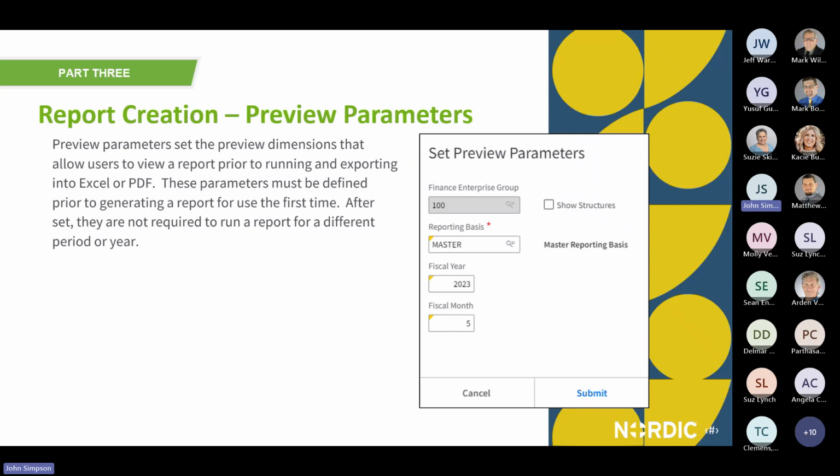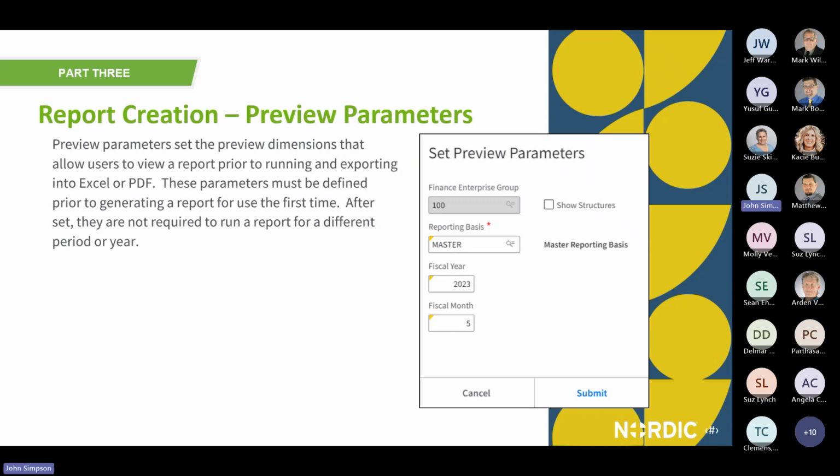Is it going to give me data? Is there some shenanigans going on with my report where it's not giving me a result for some reason? Maybe I missed a parameter. I can come here and just preview it. I'm not running it in the system, but I have to set this up initially because if you don't, and you try to generate the report, it just won't do it.